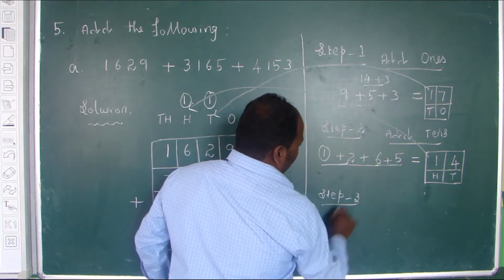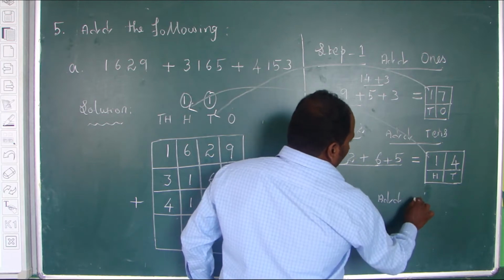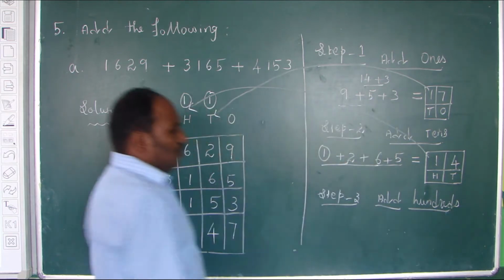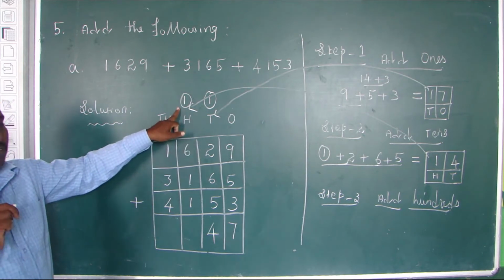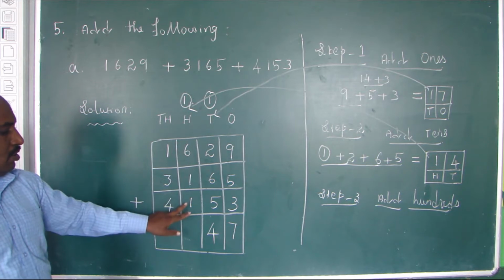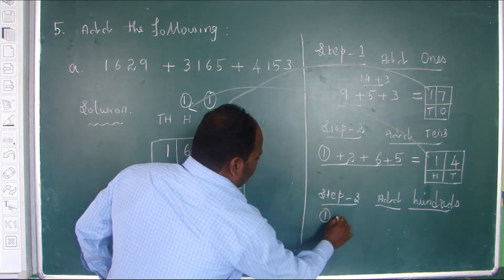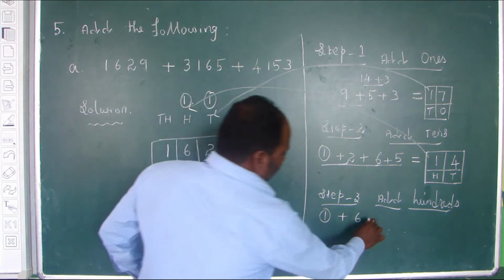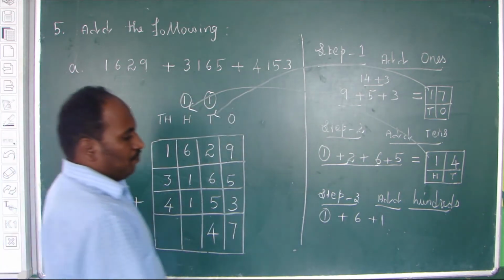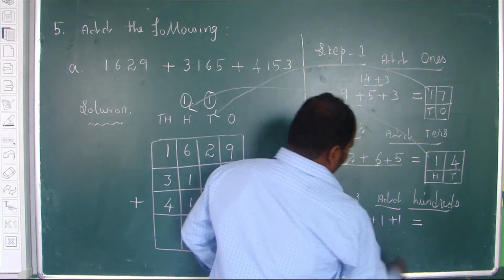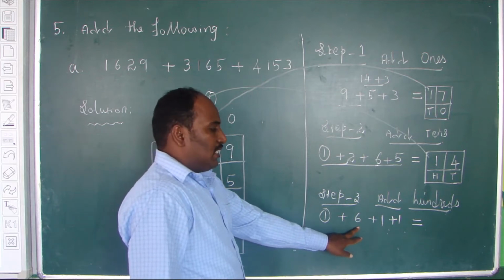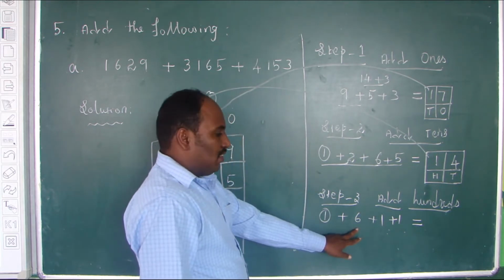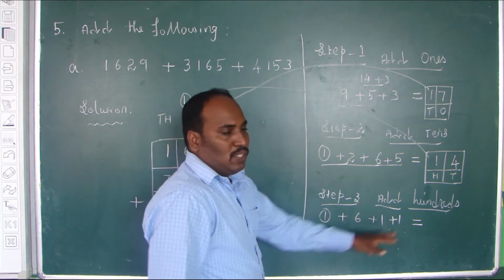Step 3. Add hundreds. Our hundreds place is carry over the number 1 plus 6 plus 1 plus 1. Listen: 1 plus 6 is equal to 7. 7 plus 1 is equal to 8. 8 plus 1 is equal to 9.